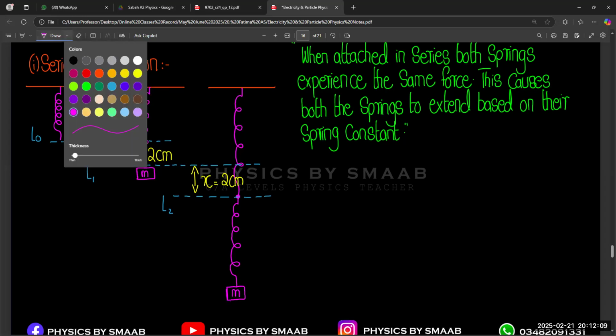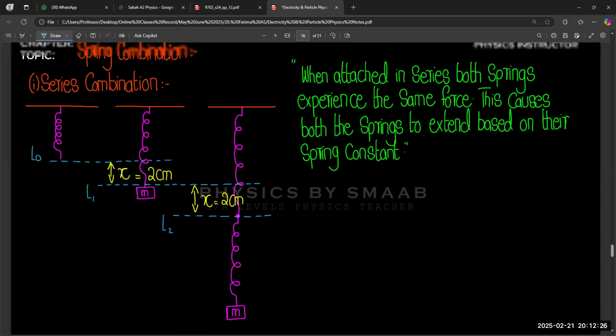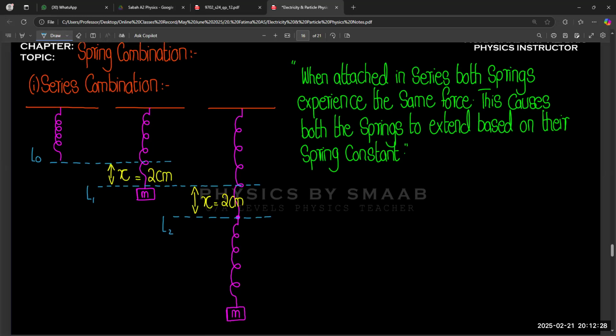And further, in simple words, we can say this time spring extends with greater value as compared to the single spring. It means extension is now easy as compared to the previous case. So it becomes easy to stretch the spring. It means that springs work like a soft spring.